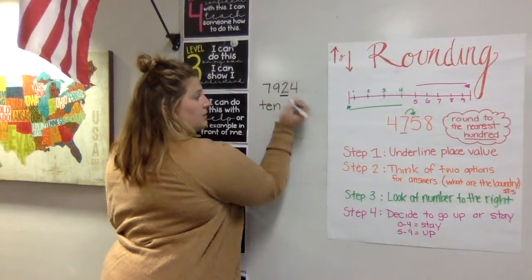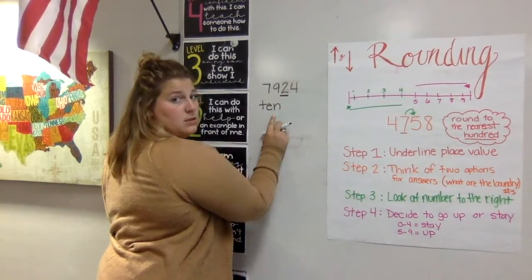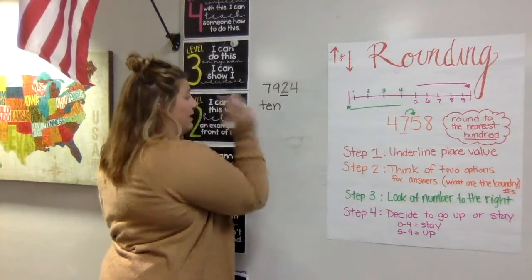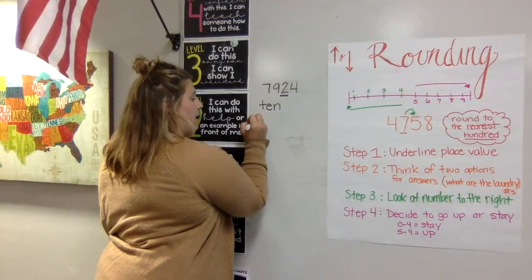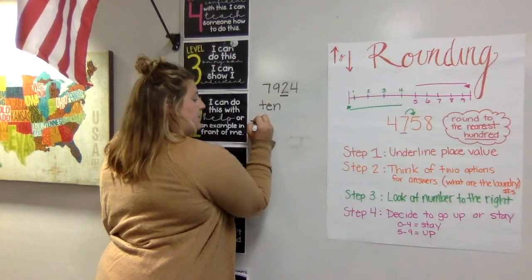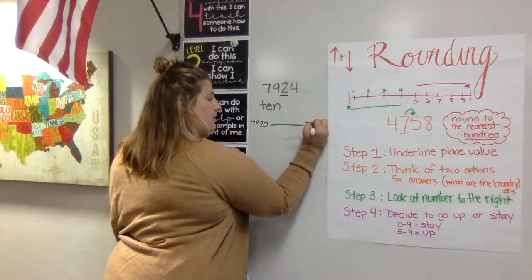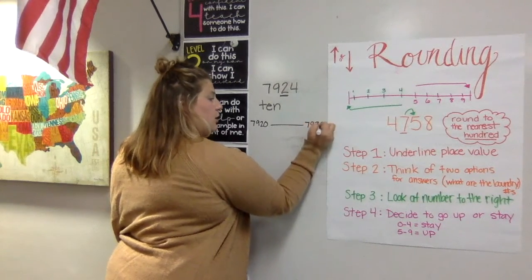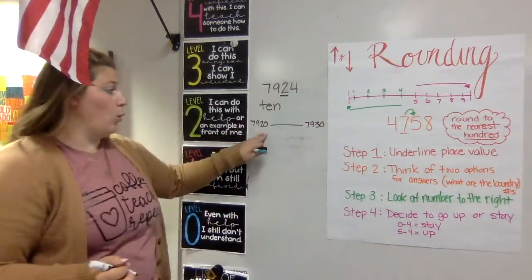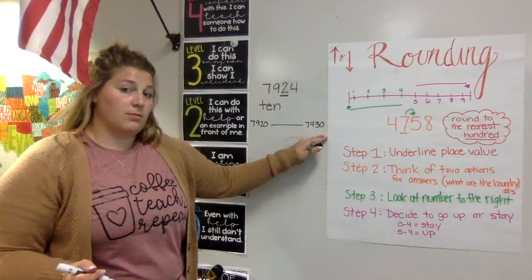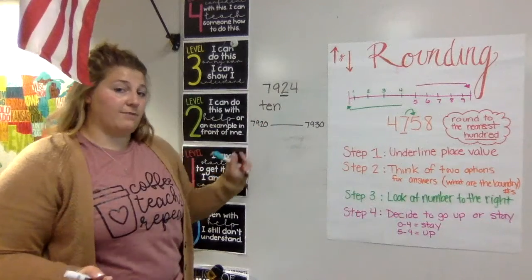I'm going to underline the place value I'm focusing on. Think, what would my options be? I can either think that or I can actually write it. So my options would be 7,920 or 7,930. I'm only changing the tens place, and the 0 after.